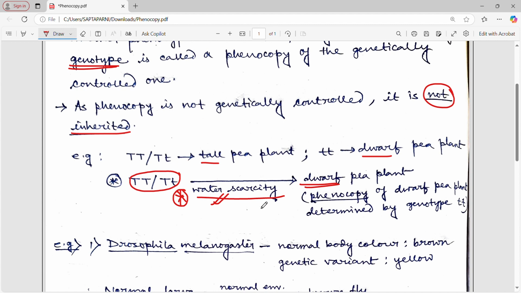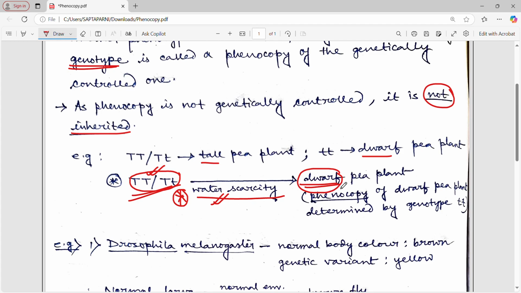So this dwarfness is an effect of water scarcity. It is not dictated by these genotypes, because genotypically capital T capital T or capital T small t must give rise to tall pea plants. So this dwarfness is not genetically controlled, rather it is a result of environmental change, that is the water scarcity here.